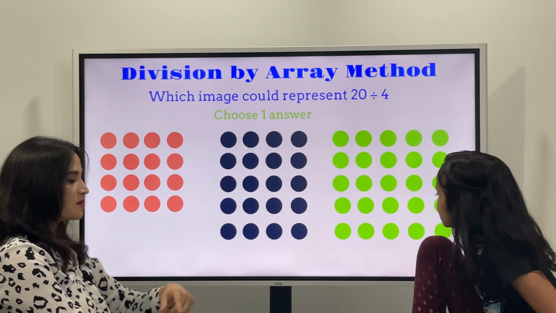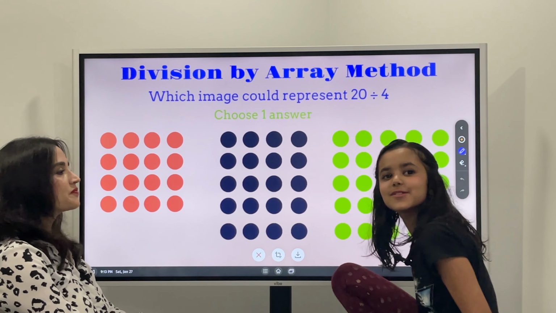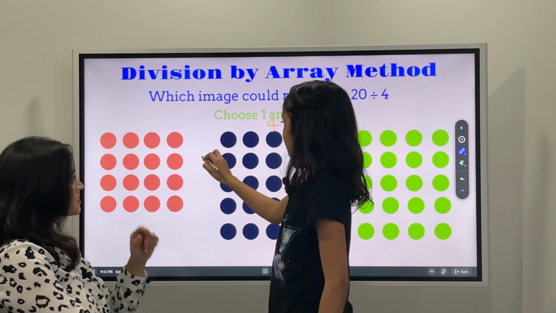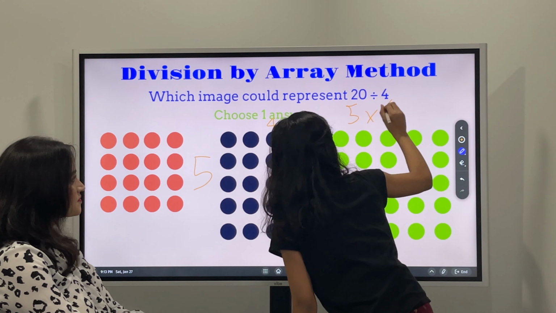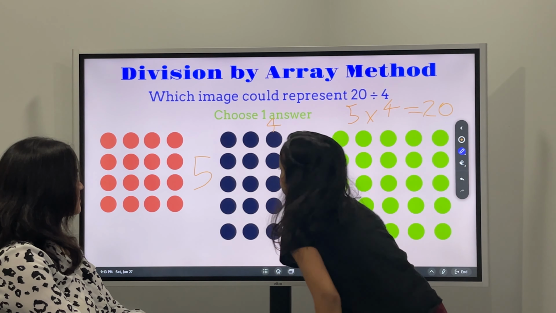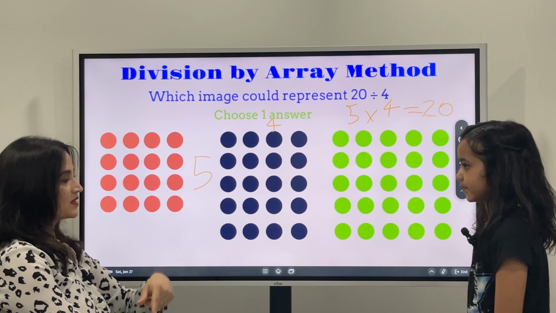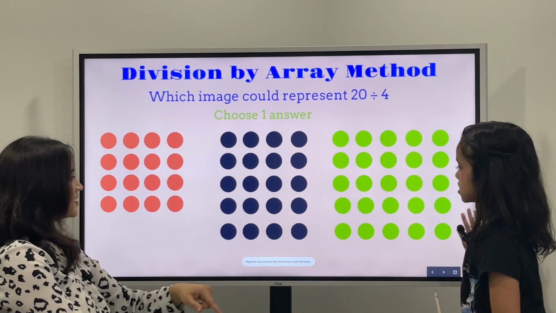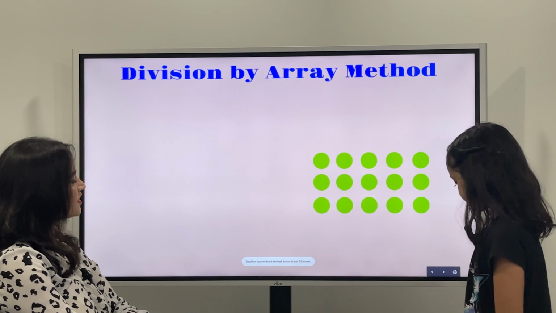Can you do it with the pen? 5 times 4 equals 20. This is 4, and this is 5. And then it's the opposite. So the answer is this one. I got confused on that one and didn't pay attention. So correct. Next.